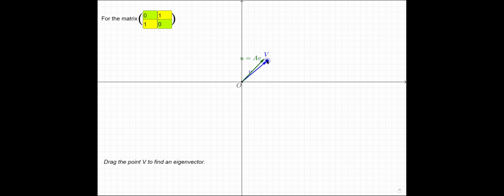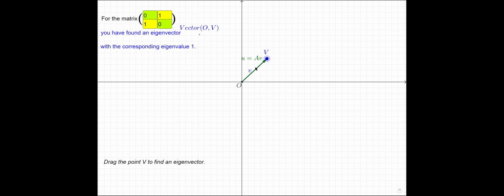With these little boxes over here, this would be the x component of a vector, and this would be the y component. What you want to notice is what happens if the x component is equal to the y component.